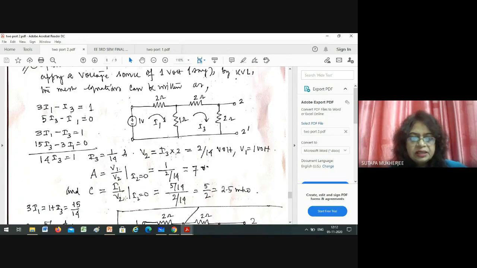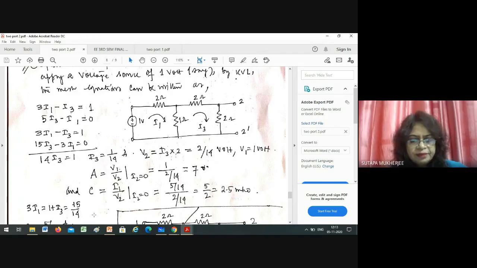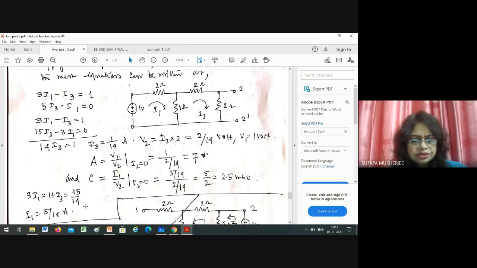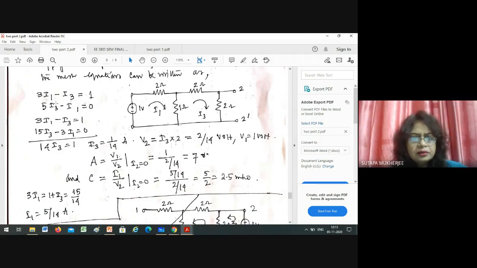So what is C? I1 by V2. What is I1? I1 equals 5 by 14. Correct.